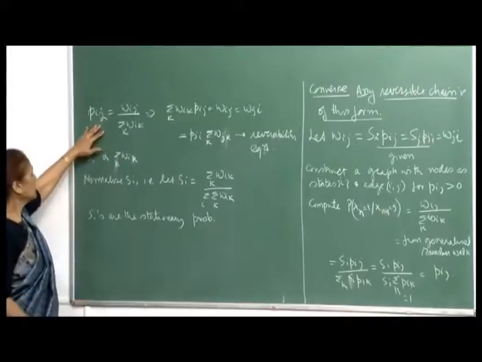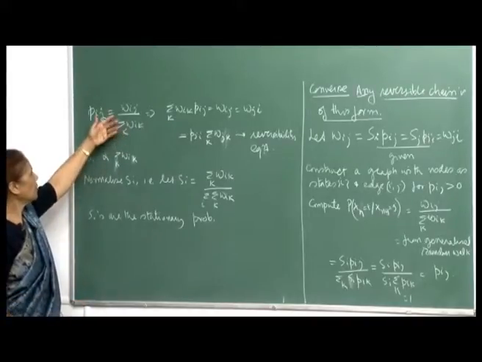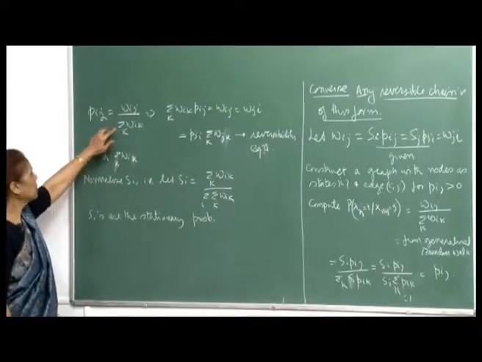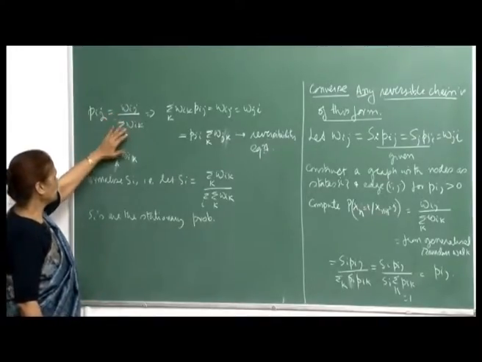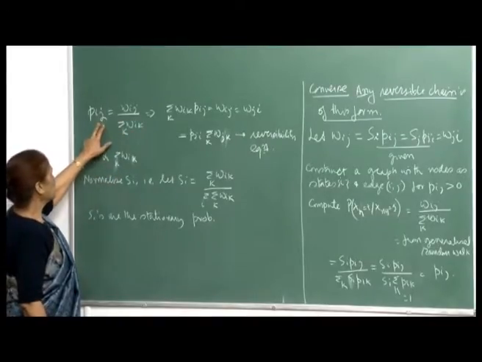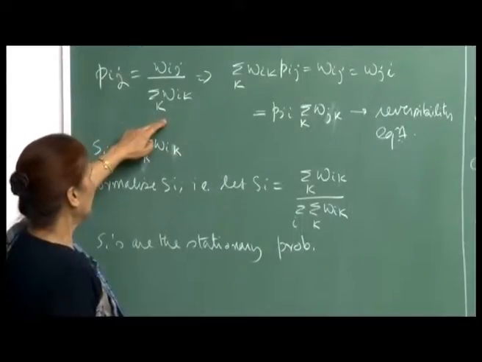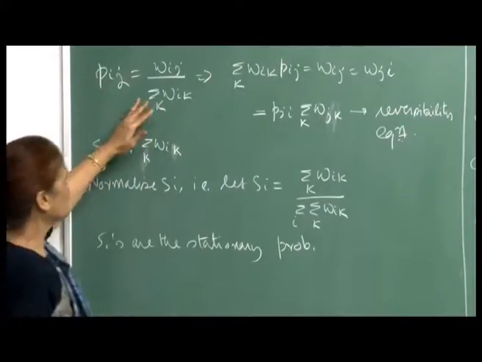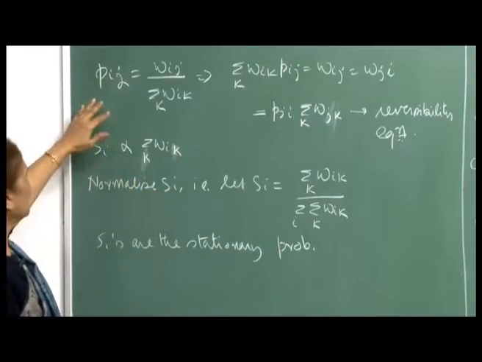So, that is how we will define Pij, and you can see that if all Wij are the same, then this will be exactly the same. That means the Pij will reduce to 1 by the degree of the node, right. So, this is the generalization of the random walk.